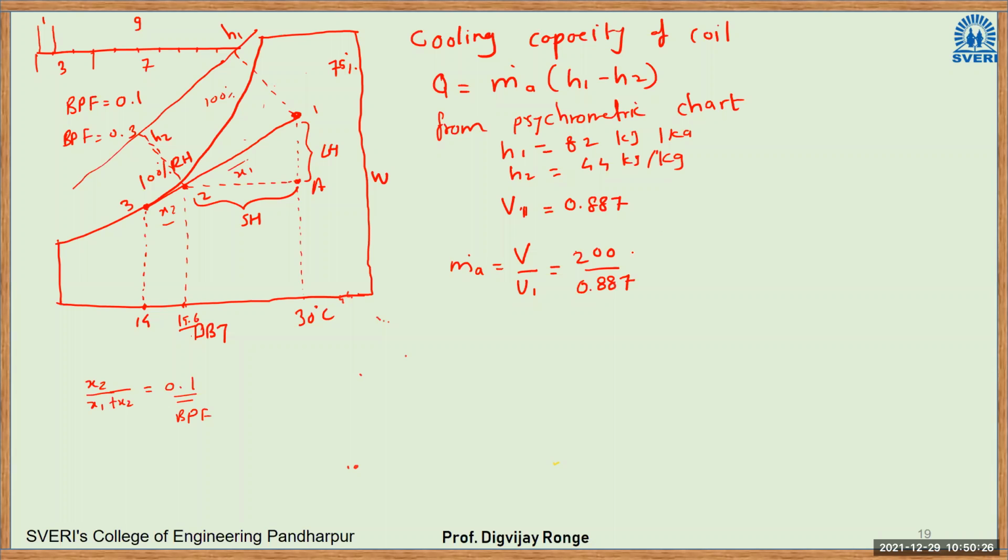The units are meter cube per minute in the numerator and meter cube per kg in the denominator, so ultimately I will get a value in kilogram per minute. So calculate this mass flow rate in kilogram per minute.